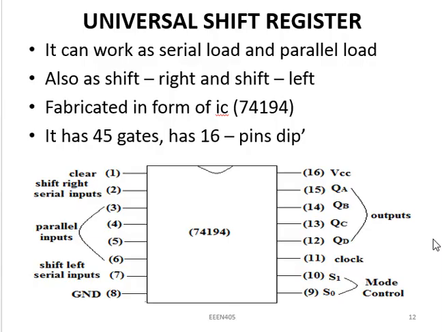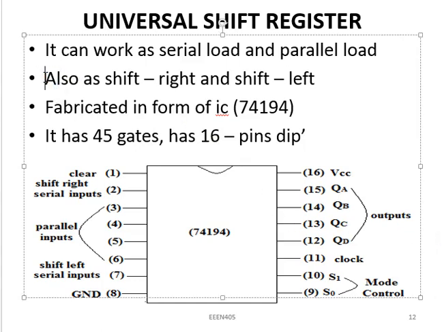So the next thing is we are going to look at the universal shift register. This is called universal because it can work as a serial load register, and at the same time it can work as a parallel load register. And of course we can adapt it to work as a shift right or shift left register.